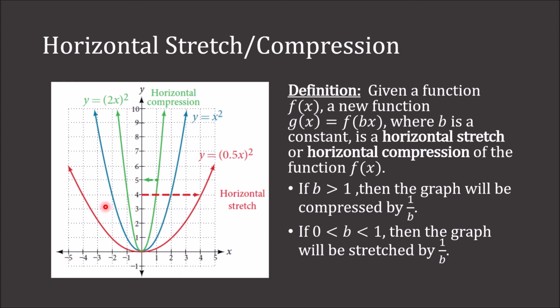Right, so if we look, again, we have the function f of x. If we multiply the input by 2, you can see that it's being compressed in the horizontal direction by a factor of 1/2, or it's being compressed by a factor of 2.